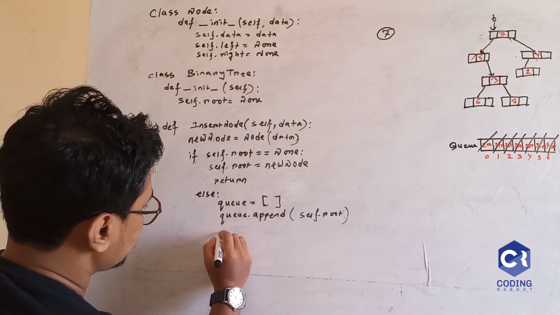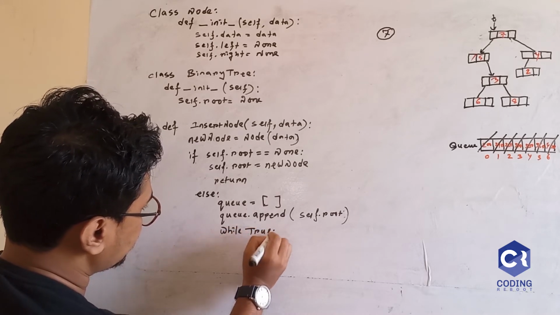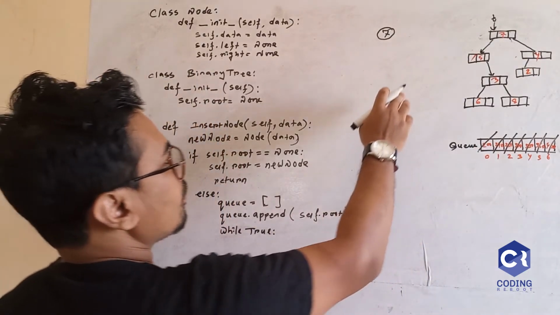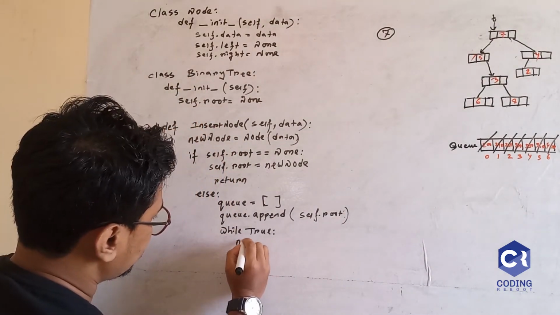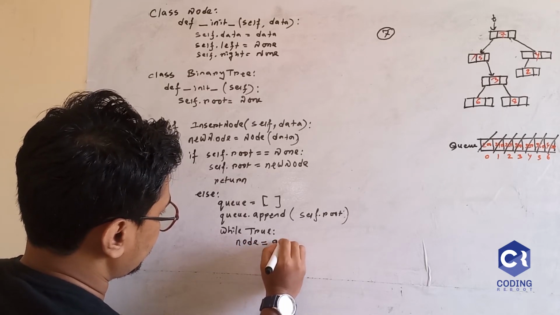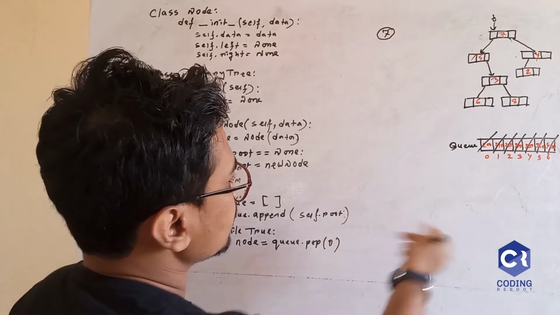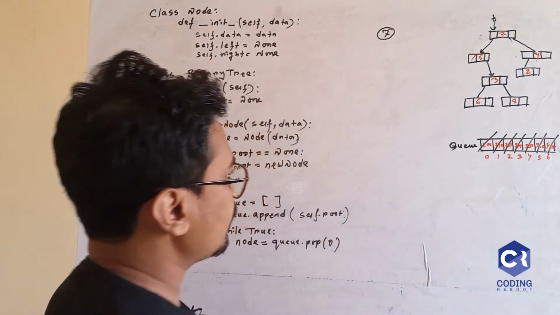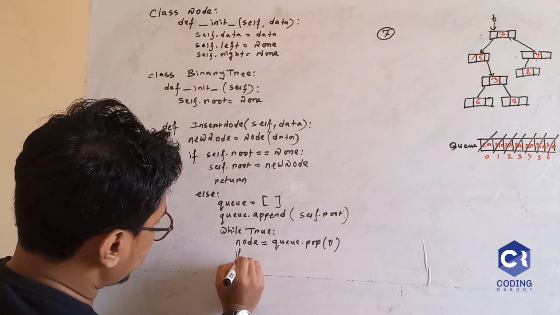If it is true, that is while true, then we are going to pop out this address and create a temporary pointer t. So node is equal to q.pop(0), because 0 is the index, that is the very first address we are going to pop.